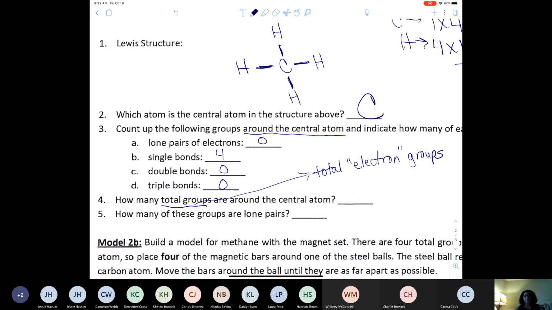Anyone? Thank you, Whitney. 4. That is correct. So, Whitney, of these 4 electron groups that are around the central atom, are any of these groups lone pairs? No. Very good. Thank you.